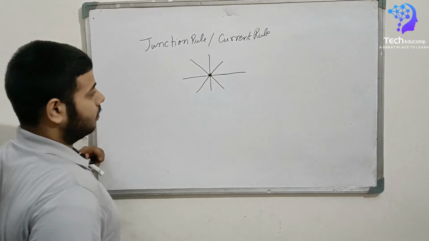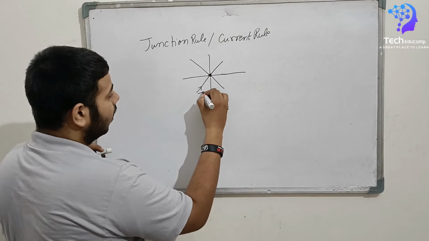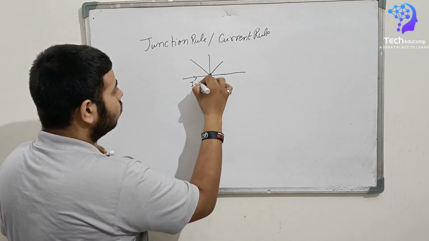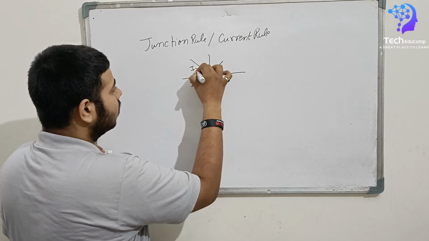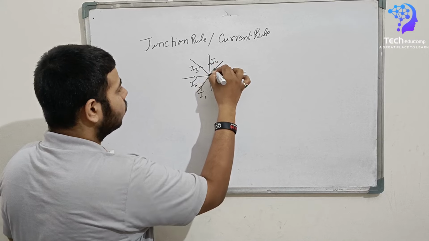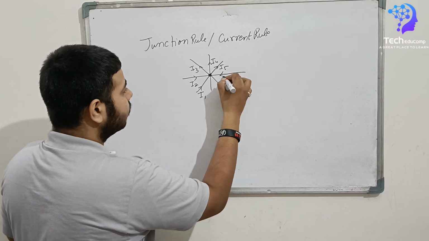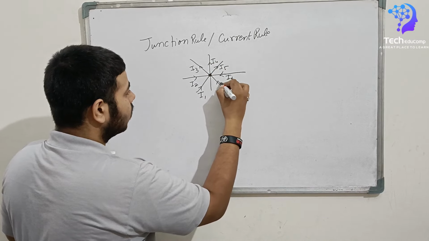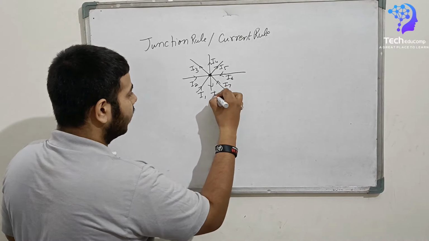This is a junction. So we have I1, I2, I3, I4, I5, I6, I7 and I8.